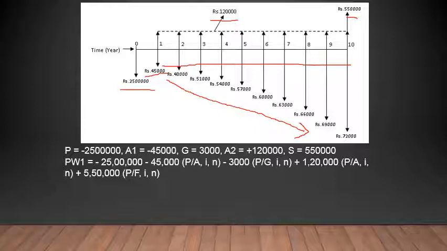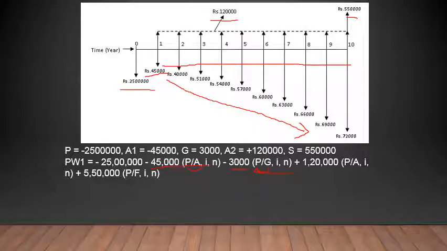So this 45,000 can be directly converted into its P, A to P. Okay, and then this 3,000, it is G. G can be converted into P. How? P by A comma P by A multiplied by A by G. If you use two factors, P by A multiplied by A by G, A and A get cancelled and you will get P by G. That factor is written here, P by G comma I comma N.